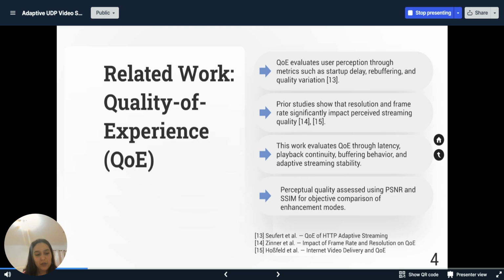What we try to do is study that in our work, and we're evaluating this through latency, playback continuity, buffering behavior, the way we perceive it, but we're also employing quality assessment values such as the peak signal to noise ratio and the structural similarity index measure for this objective comparison of enhancement modes.